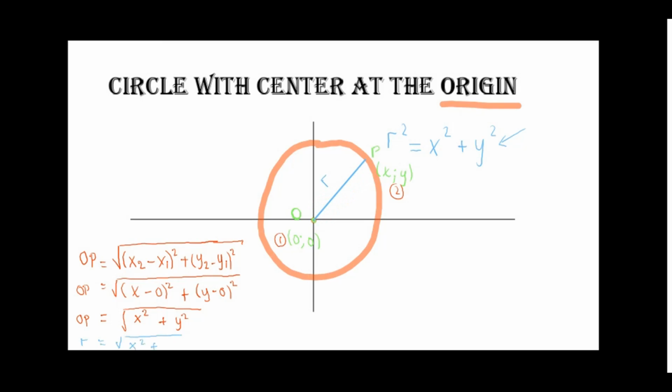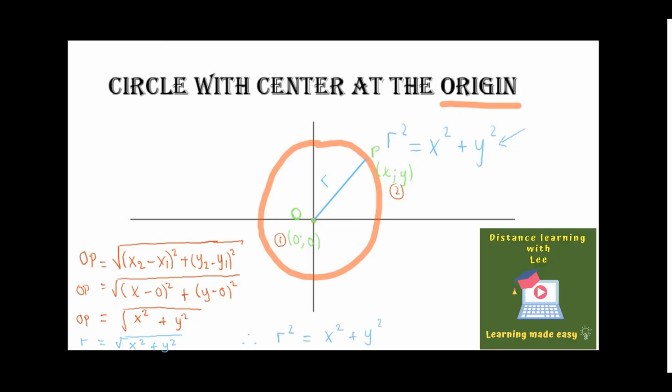If you want to get rid of the square root sign on the right-hand side, you just square both sides to give you that r squared is equal to x squared plus y squared. So this is how the formula for a circle centered at the origin was derived.